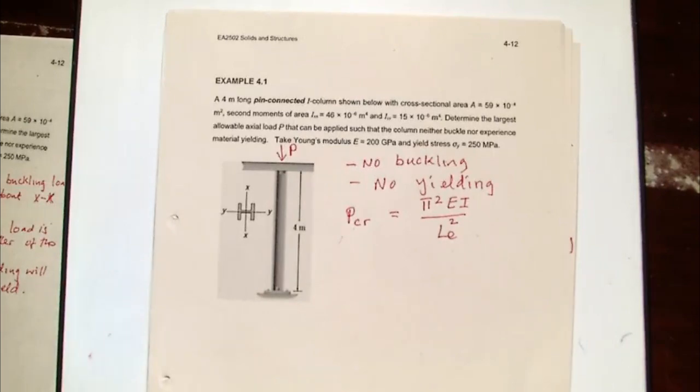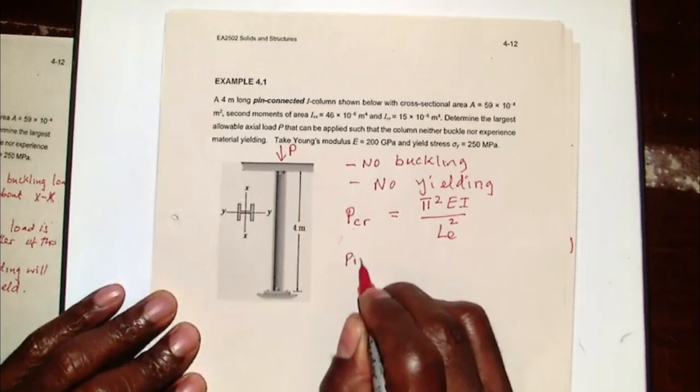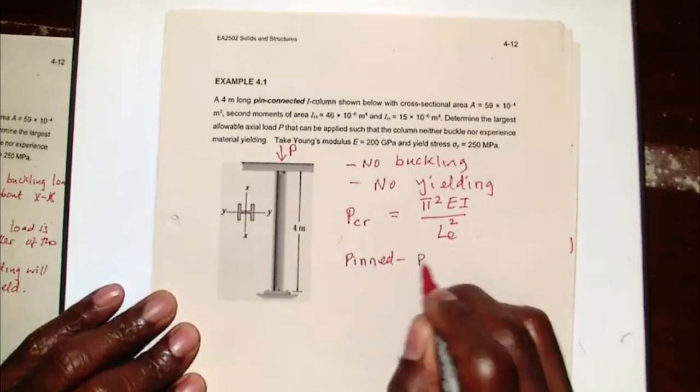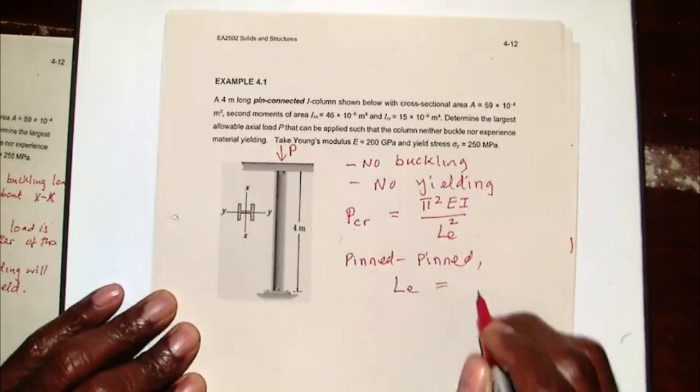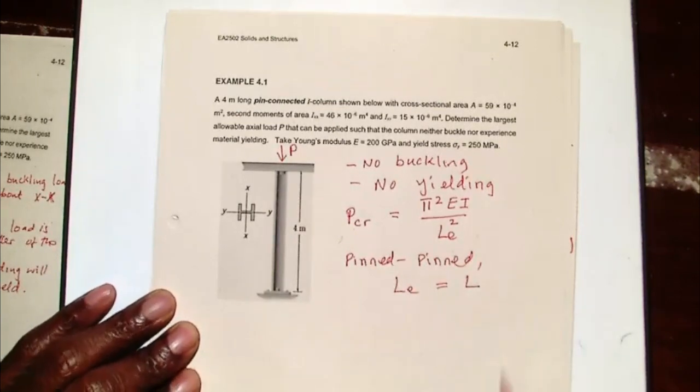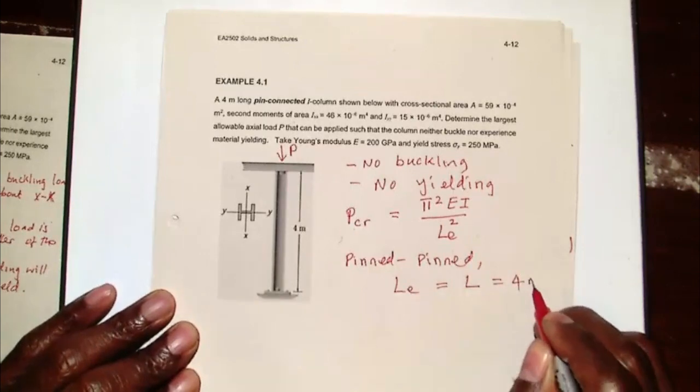I want to check what is the load that I will need to actually make it buckle. The modulus we are given, and because the ends are pinned, the effective length is just the length of the beam, which is 4 meters of that structure.